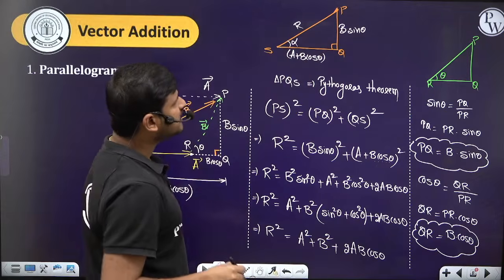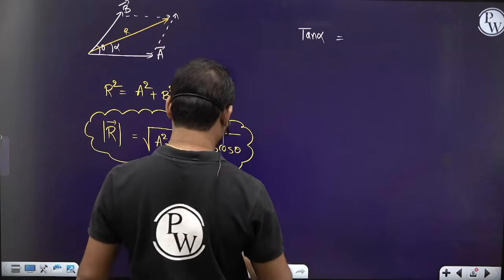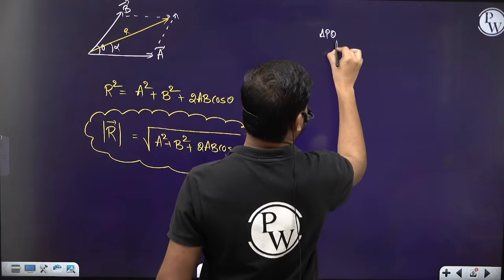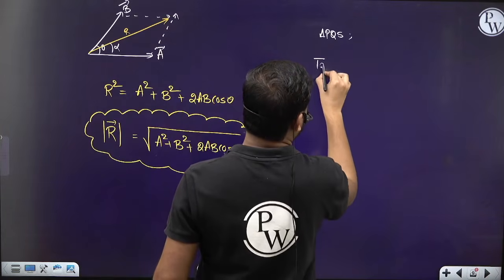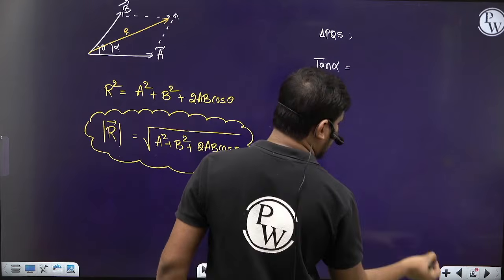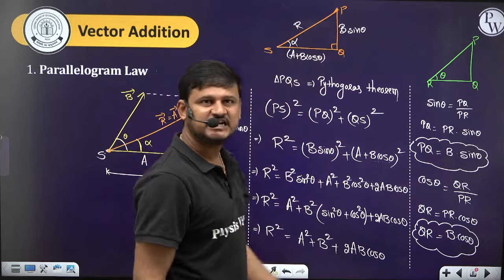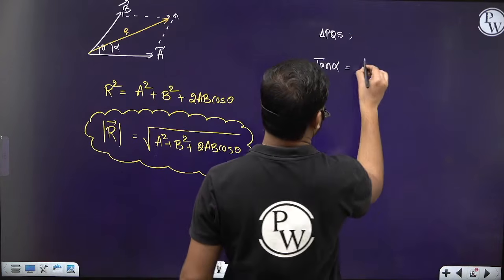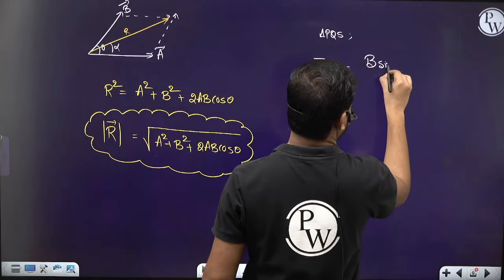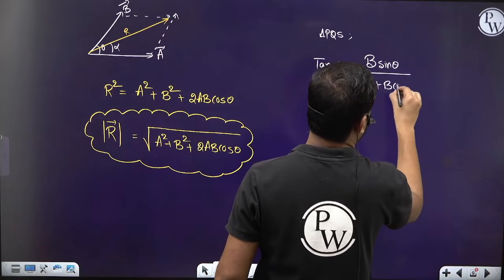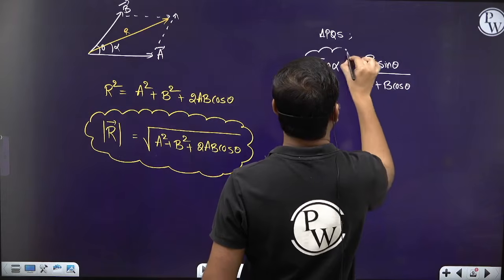So from the same triangle PQS, shall I say that tan alpha is equal to opposite by adjacent? What is opposite? B sin theta. And adjacent is A plus B cos theta.